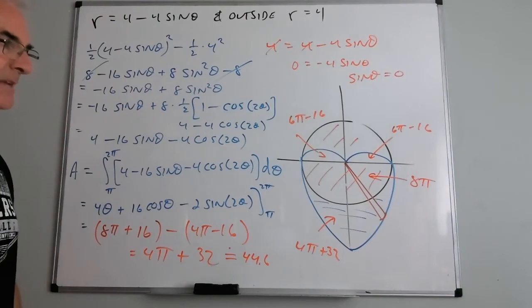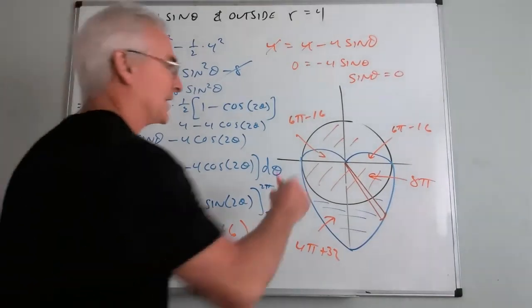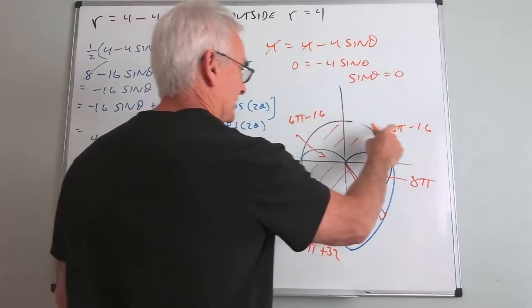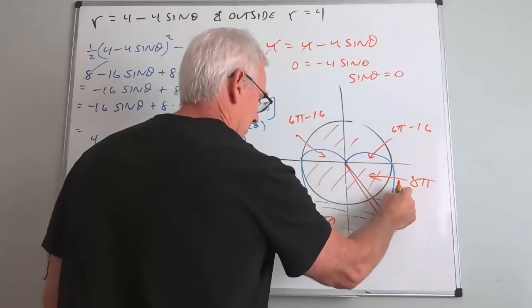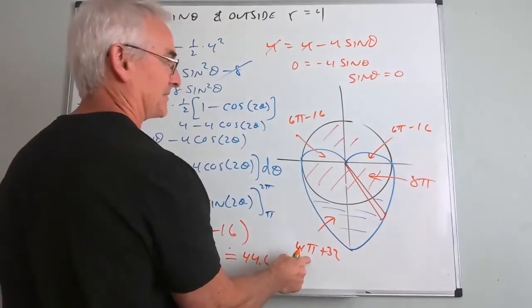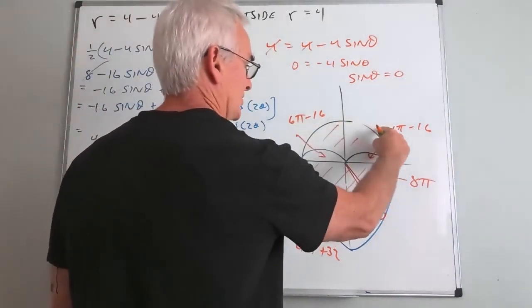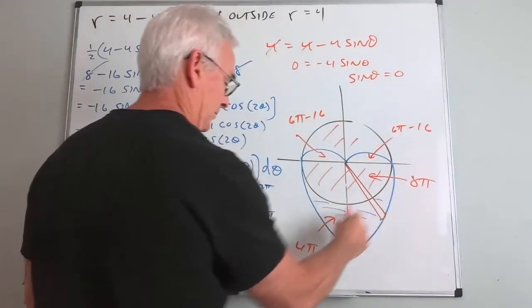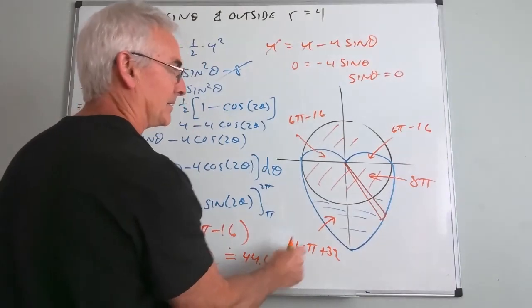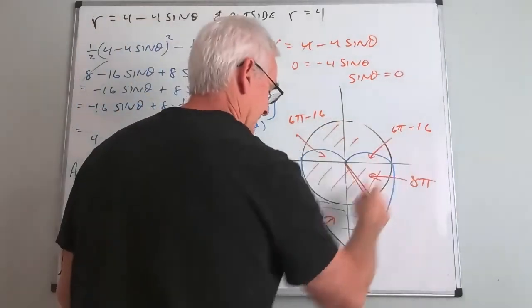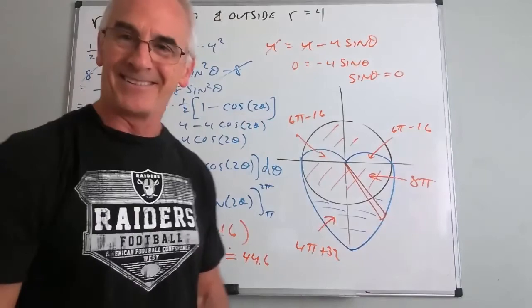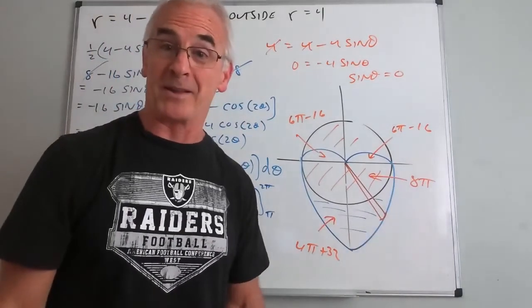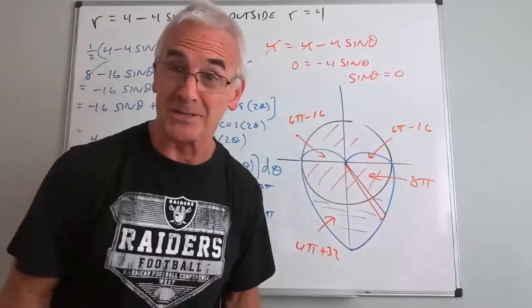That area has to be 8 pi because it's half of a circle of radius 4. Now, if I take that piece, plus that piece, plus that piece, plus that piece: 6 plus 6 is 12, plus 8 is 20, plus 4, that's 24 pi. Negative 16 plus 32. There's my 24 pi. It worked. We didn't mess it up.